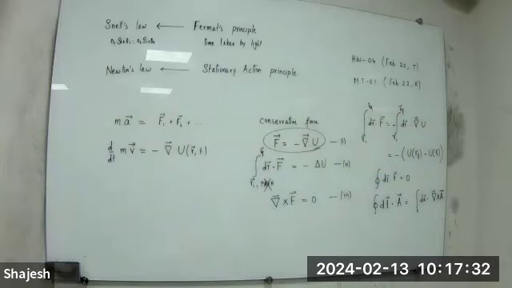Linear momentum, is it not mass times velocity? Rotational, that's angular momentum. Linear, it's mass times velocity. But I'm saying that sometimes momentum is not mass times velocity.